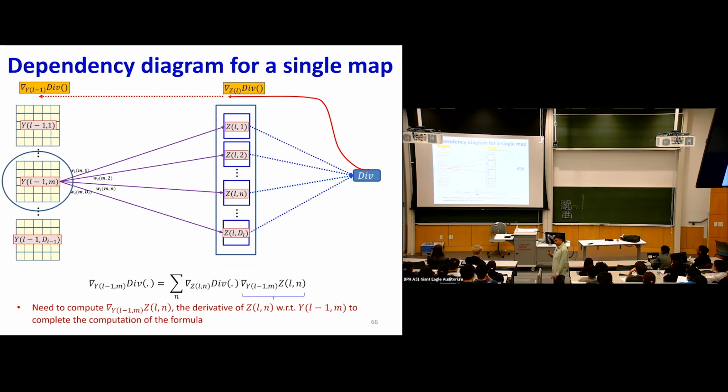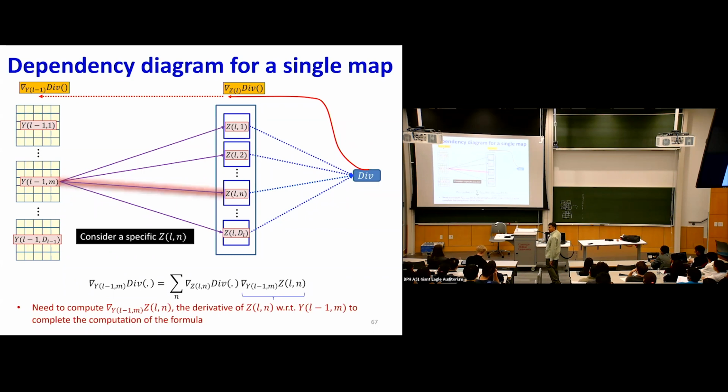Now, in order to do this, we already have the derivatives for all of these. So we assume this term is given. What we need are the derivatives of the z's with respect to the y's. And so we need the derivative for every one of these z's with respect to the y, but let's just take a typical z.